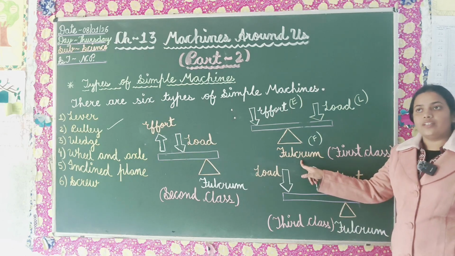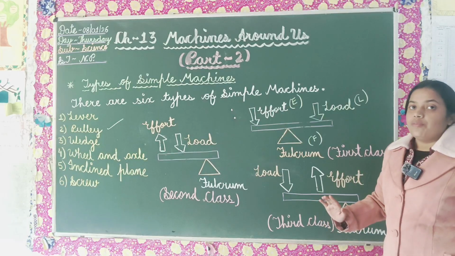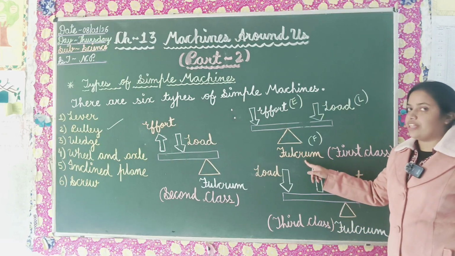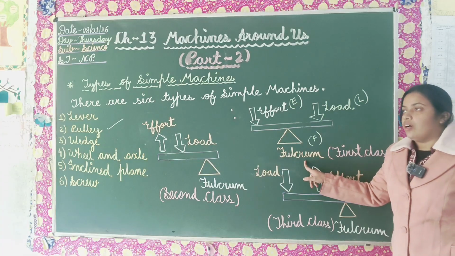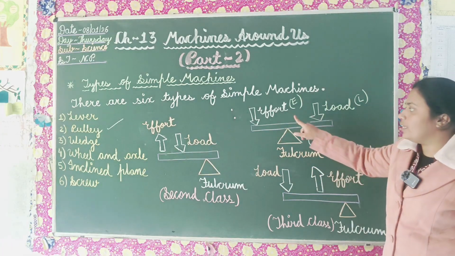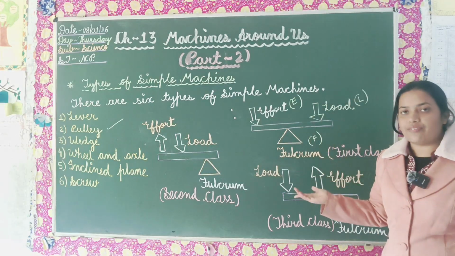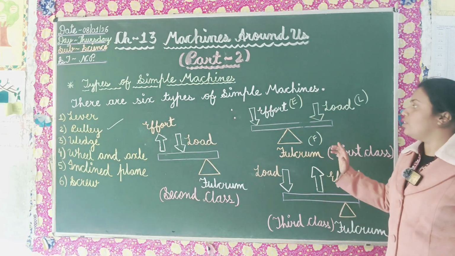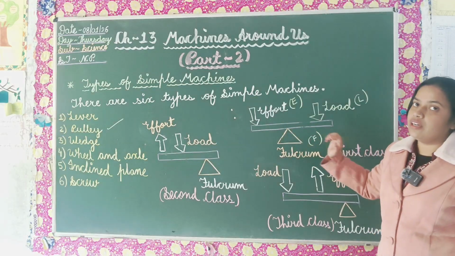As you know, a lever is a straight rod resting at a fixed point known as the fulcrum. Next one is effort. Now the question arises, what is effort? Effort means force applied on a lever.